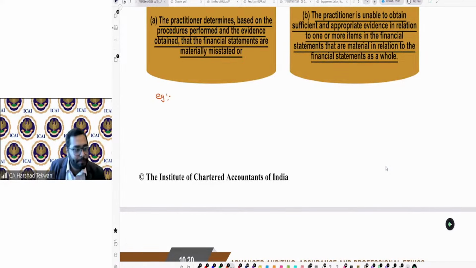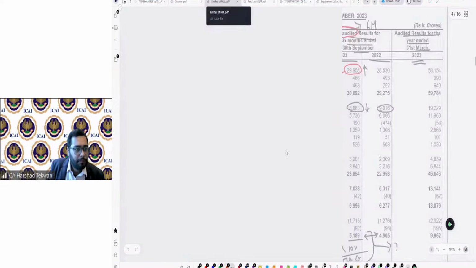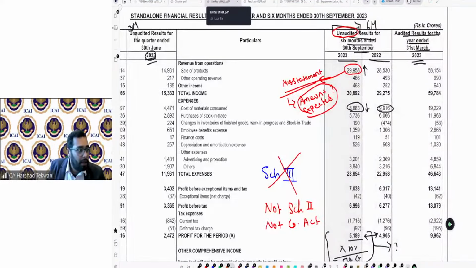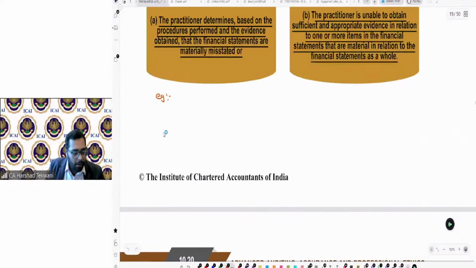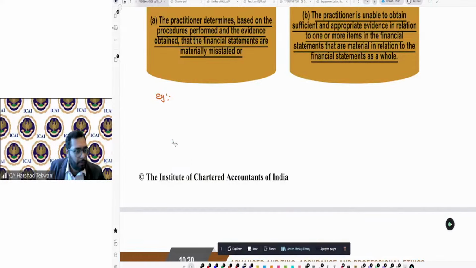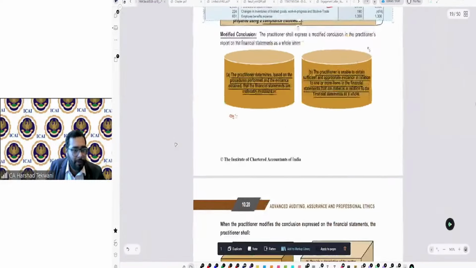Example. I'll just take some picture from here.